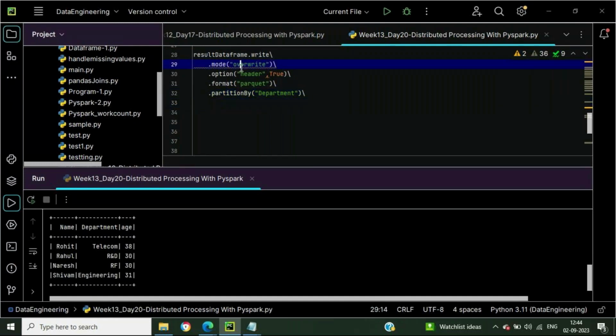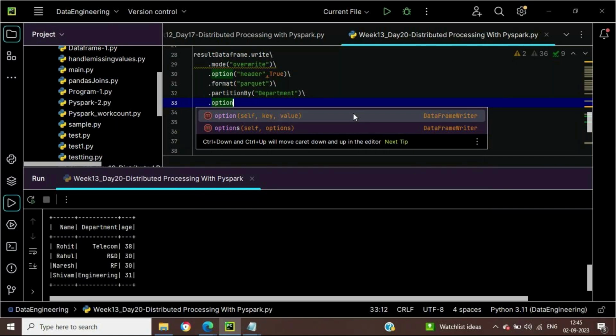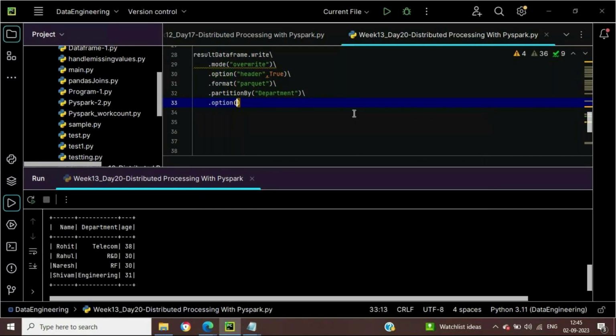So mode overwrite, option header true, format parquet, partition by department. Then let me use compression as well: option compression, and let me use LZ4. Compression is fine.